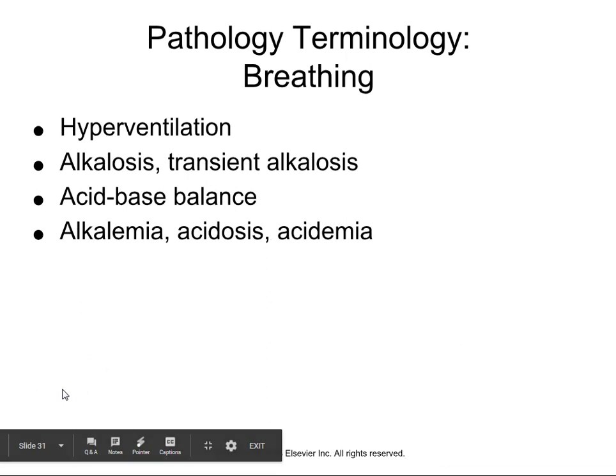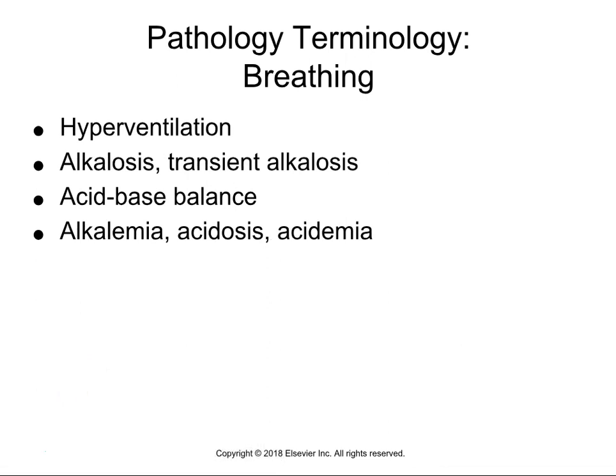Hyperventilation, this means excessive aeration of the lungs. When we have excessive aeration of the lungs, what commonly happens is it reduces our carbon dioxide levels in the body, because extra carbon dioxide is being exhaled when we're hyperventilating.